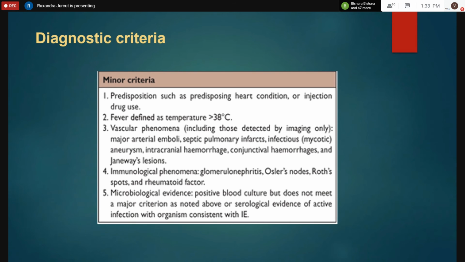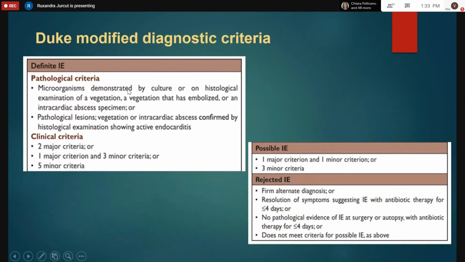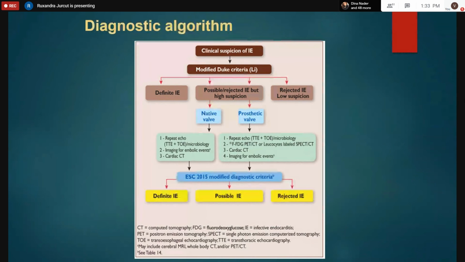And then we make it like a list, a checklist, and based on the number of major and minor criteria, as I said before, we say, is it a definite endocarditis? Is it possible endocarditis? Or is it just not endocarditis? We reject the diagnosis. And here you have another way of putting this sort of diagnostic algorithm with the various criteria and then how we end up with a diagnosis.